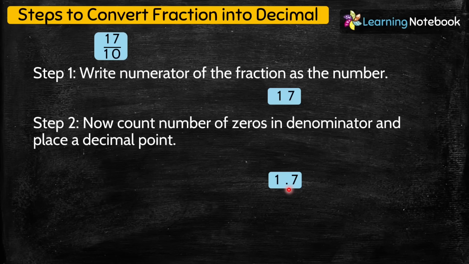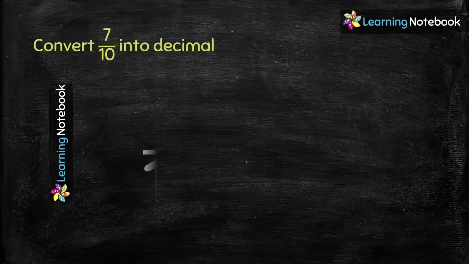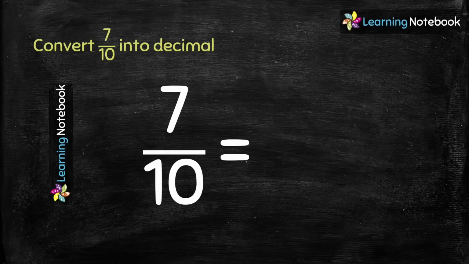So in this way we have converted the fraction into the decimal 1.7. The question is, convert 7 by 10 into a decimal. So students, first we will write the numerator of the fraction as the number. So the numerator is 7. So let's write the number as 7.